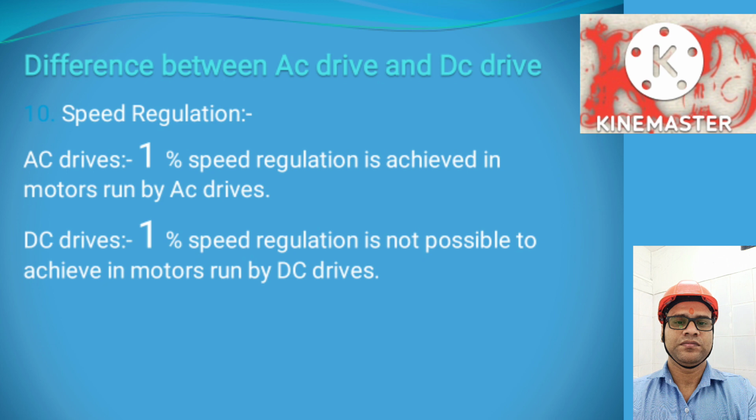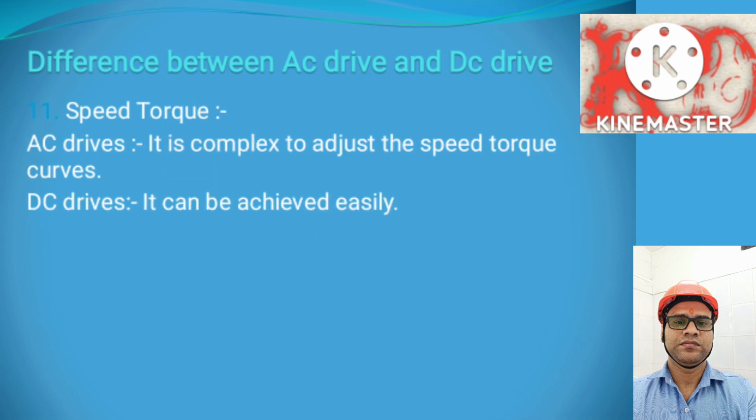Eleventh, speed regulation. 1% speed regulation is achievable in motors run by AC drives, whereas 1% speed regulation is not possible in motors run by DC drives. Twelfth, speed torque. In AC drives it is complex to adjust the speed torque curves, whereas in DC drives it can be achieved easily.